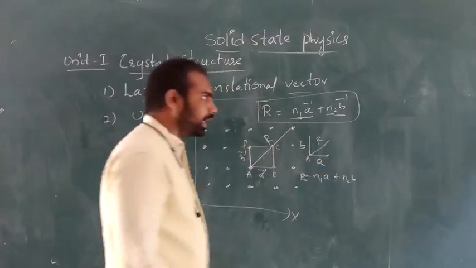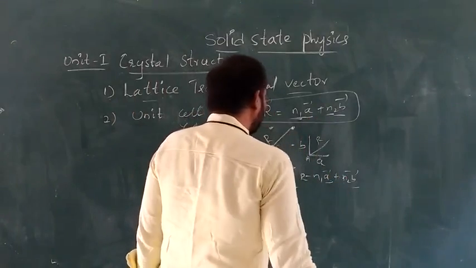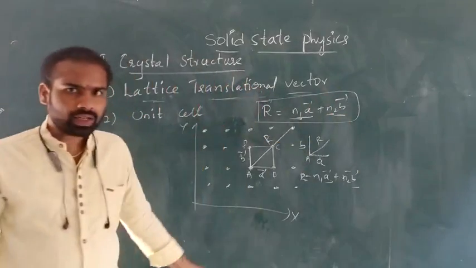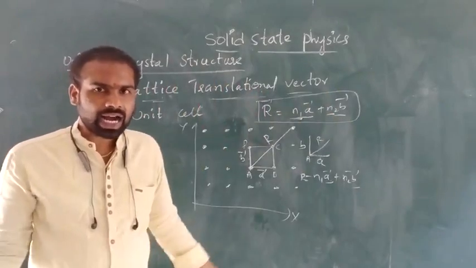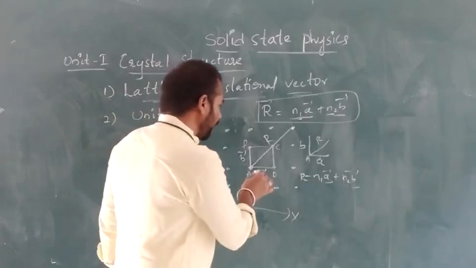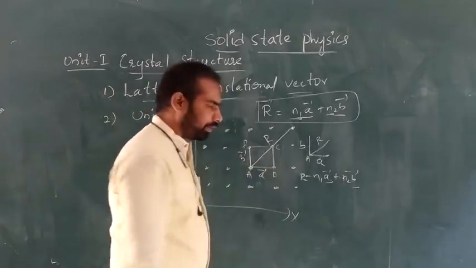Where A bar and B bar are nothing but lattice translational vectors. They are also vectors. Simply it is the addition of two vectors. It only shows the direction from one lattice point to the other point.